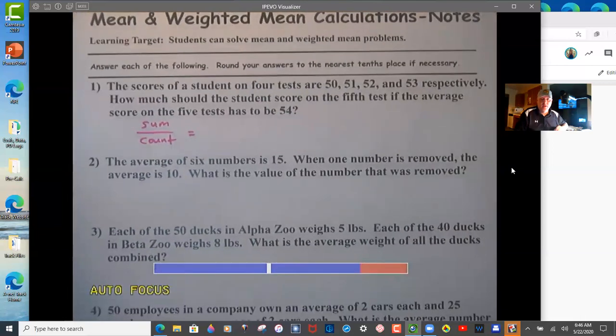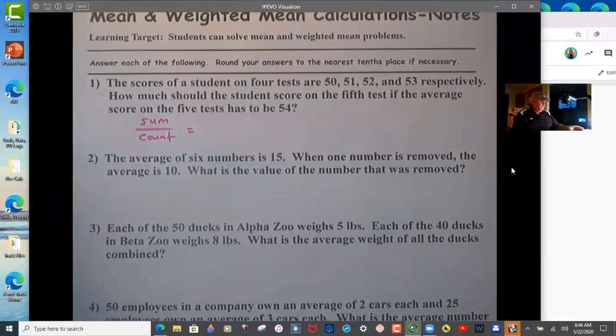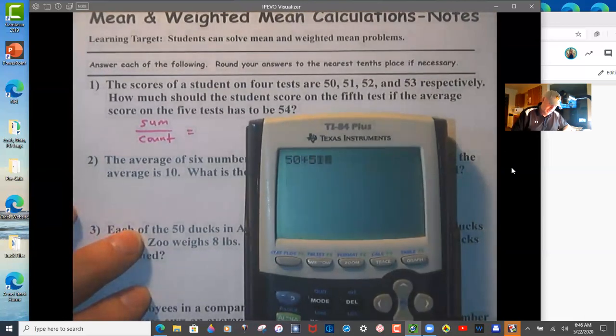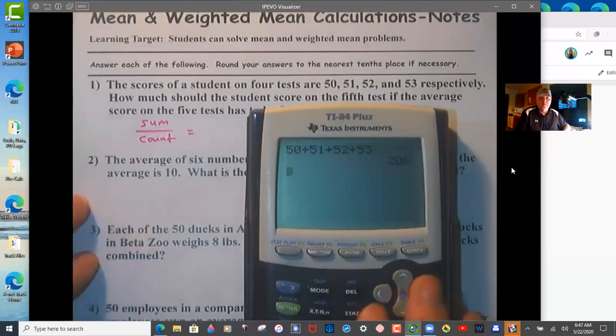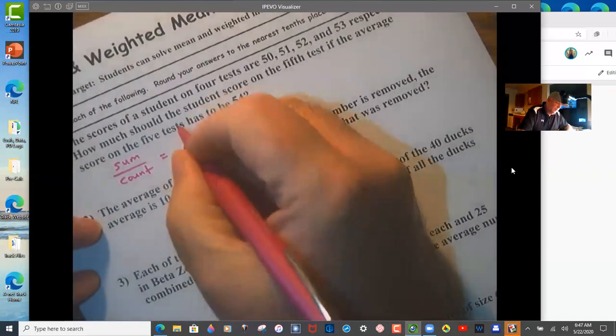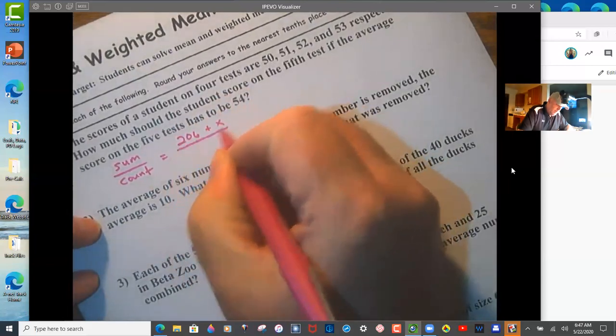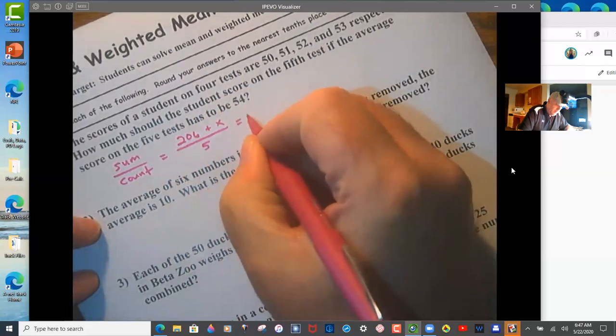So what's the sum on the first one? So the sum on the first one is going to be 50 plus 51 plus 52 plus 53 plus x. So you have to do that total sum. That's 206 plus x. The fifth test, divided by 5, equals 54. That's what we want.